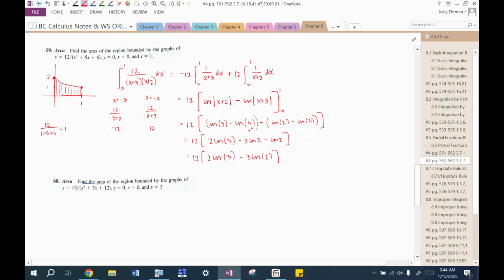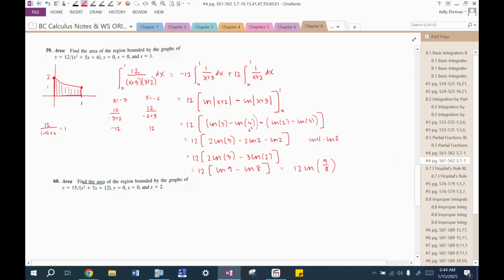If I left this as natural log of 4 minus natural log of 2, we can still condense everything, right? So we could say this is the natural log of 3 squared is 9 minus the natural log of 8. And so that's 12 times the natural log of 9/8.